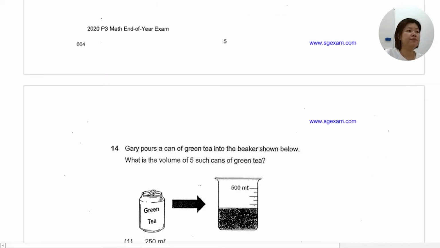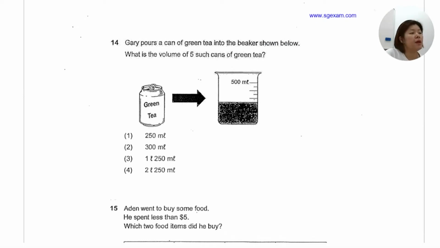Next one. Okay, number 14. Gary pours a can of green tea into the beaker. So it's asking for the volume of 5 cans. So 1 can, if you can see, is until here. So this is 400, 300, and this is 250, although the line is not really very clear.